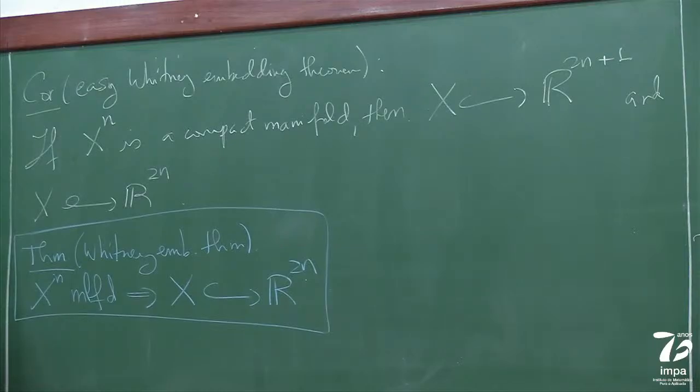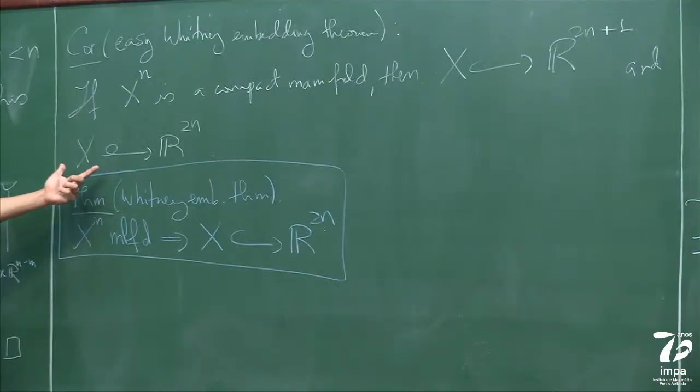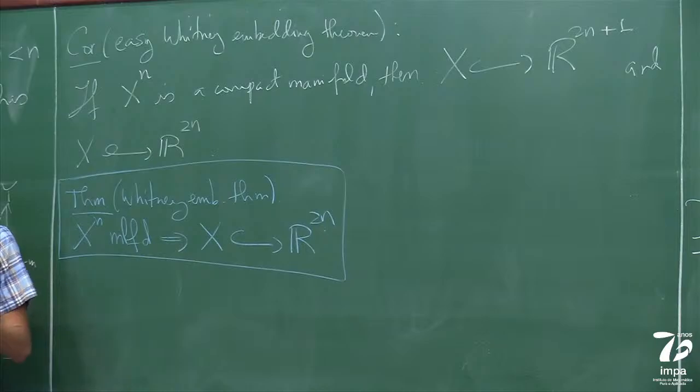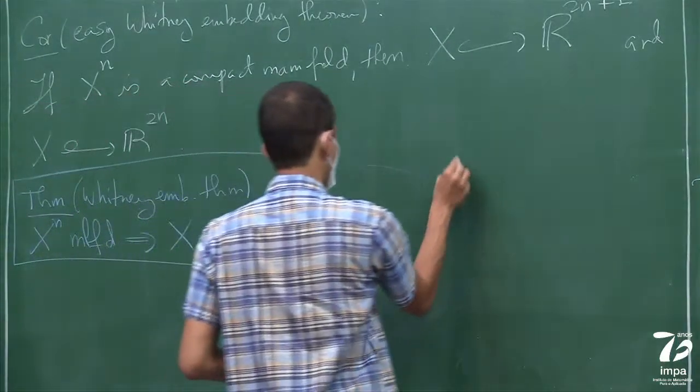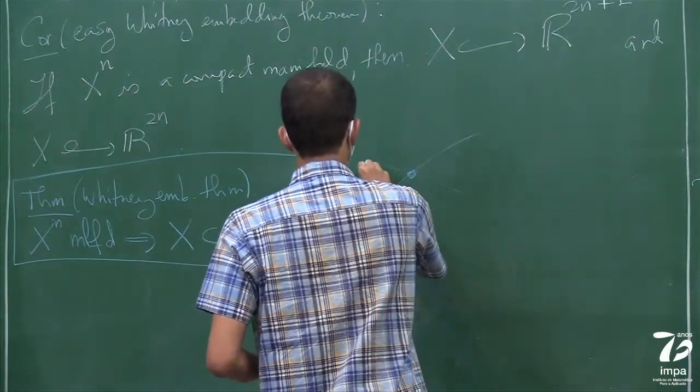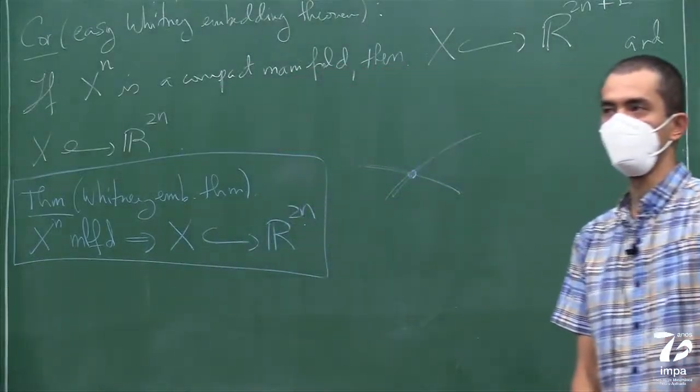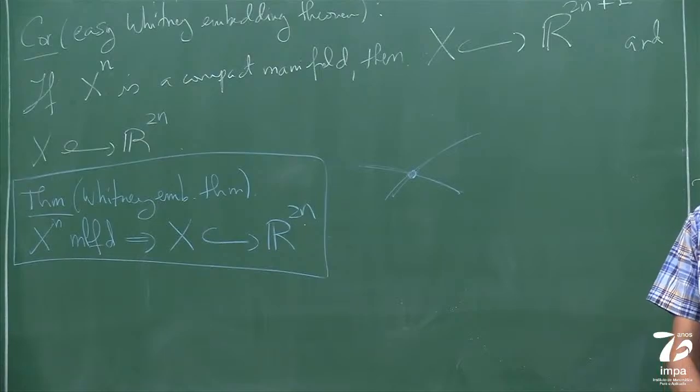That requires a very non-trivial step, which is basically going from an immersion to an embedding. So you say, okay, you have an immersion. How do you go from an immersion to an embedding? You have to resolve singularities. That's why it's hard. If you have a self-intersection, you can't perturb it away, and you have to do some kind of surgery.